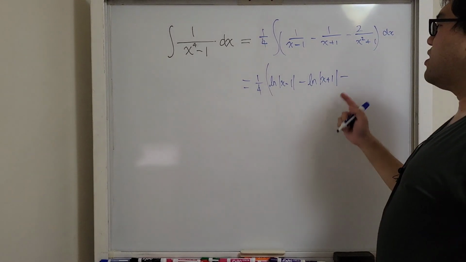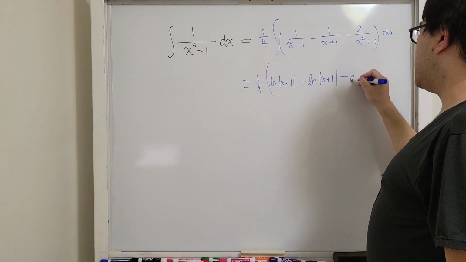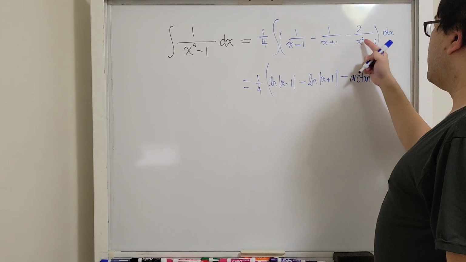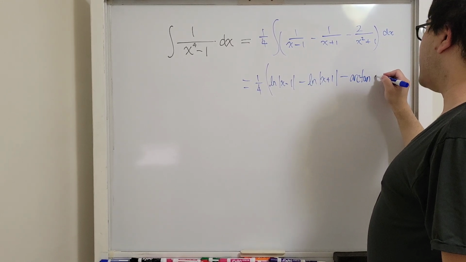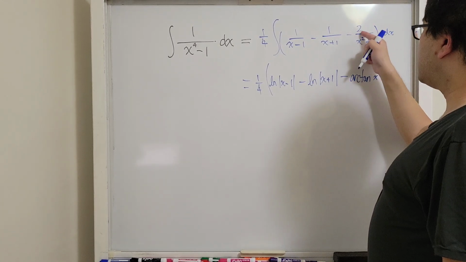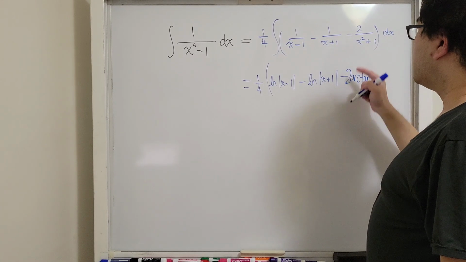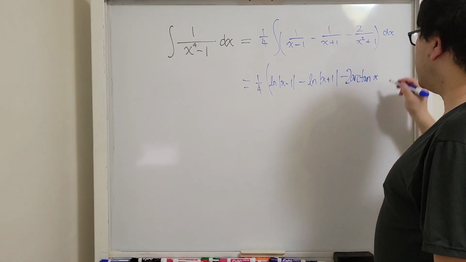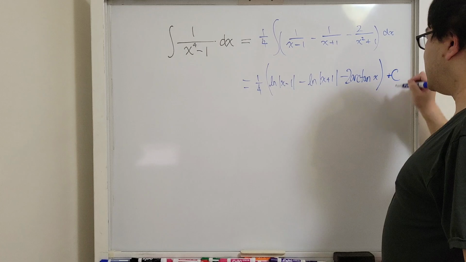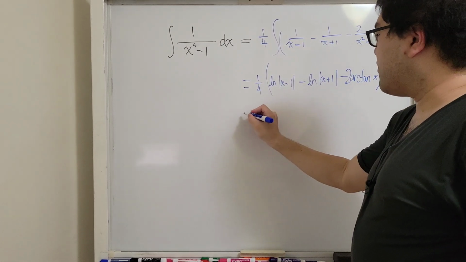Again, it is no longer ln, but our integral would be arctangent of the denominator, which is just x, over the square root of 1, which is x. And don't forget, we have to multiply with the numerator that we actually started off with. And we have the plus c here to give us the result.